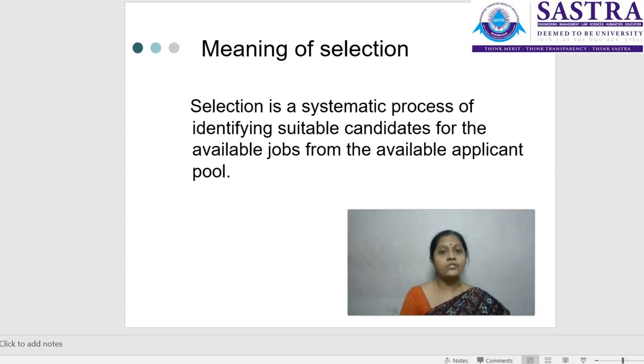So that is another difference which distinguishes recruitment and selection.